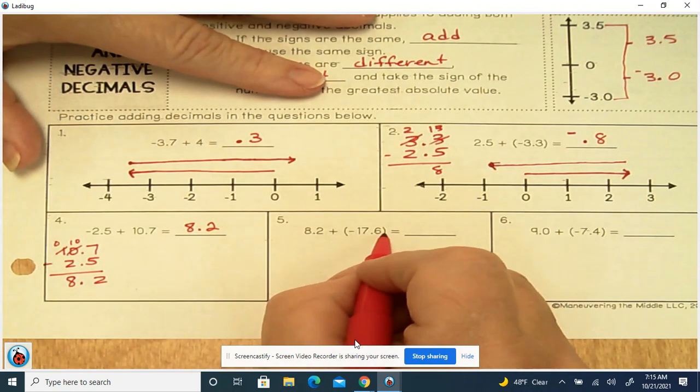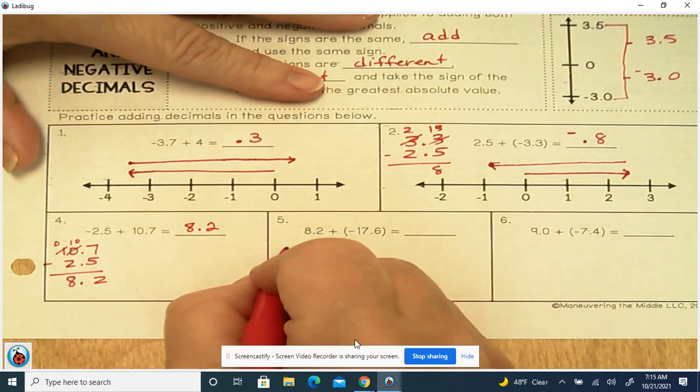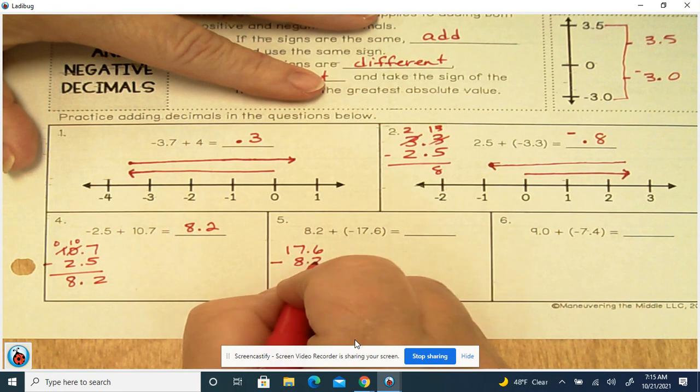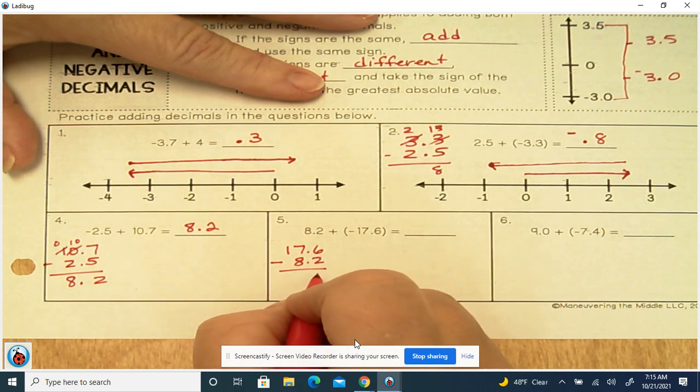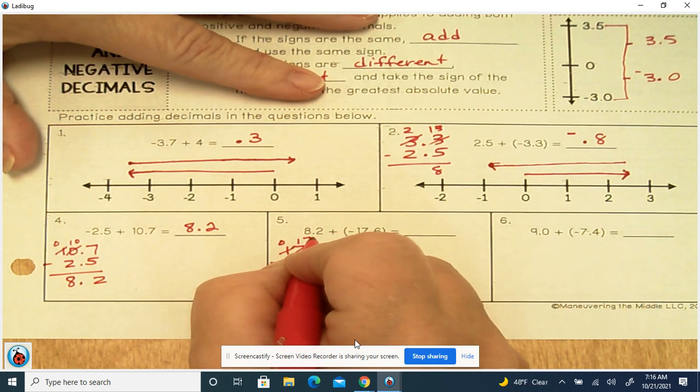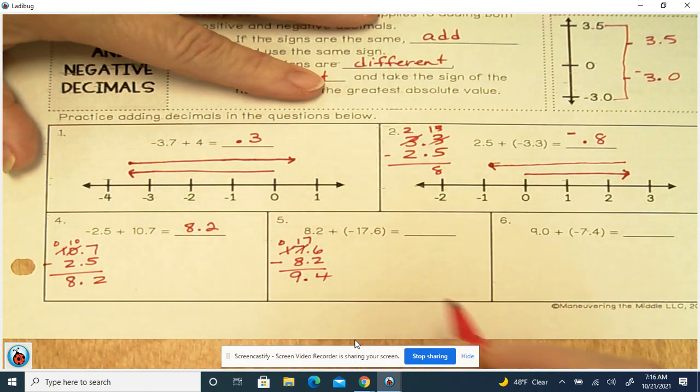8.2 plus a negative 17.6, different sign subtract. So 17.6 subtract 8.2. 6 minus 2 is 4. Can't take 8 from 7, so you borrow that. 17 minus 8 is 9.